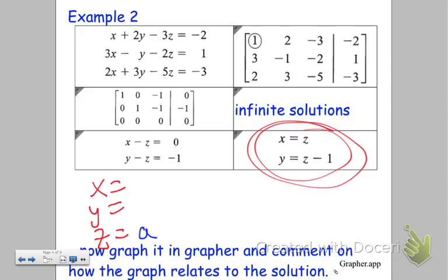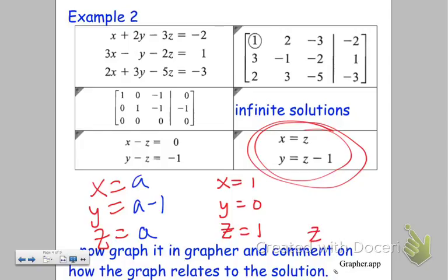So if z is some number a, then y has to be a minus 1, and x is the same thing as z, so x is a. So on your test, I'll ask, what are some example solutions? Well, an example solution is if z equals, let's say, 1, well, then y is 1 minus 1 is 0, and x is the same thing as z, it's 1.